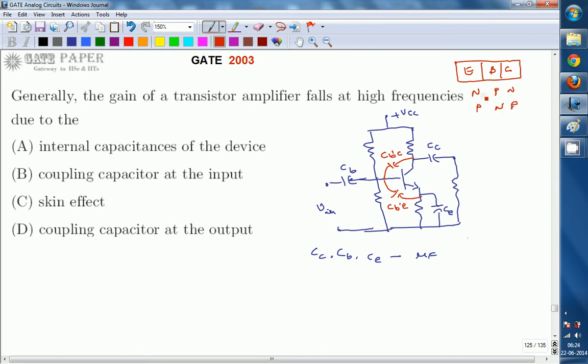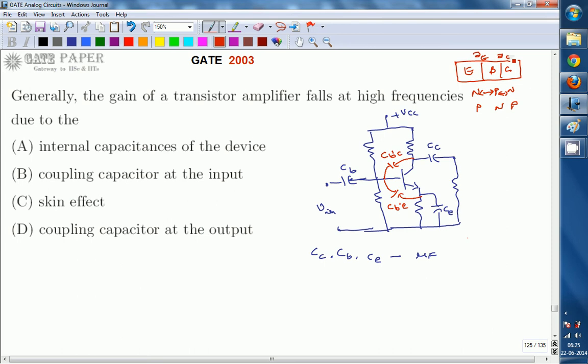Emitter and collector are of the same type and base is of the opposite type. That makes two junctions present in a BJT: the emitter base junction JE and the collector base junction JC.